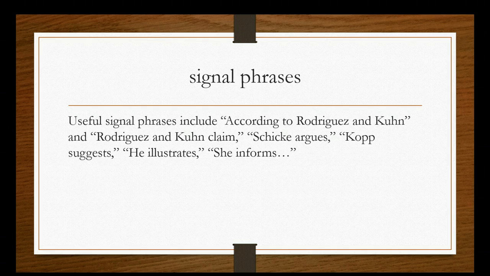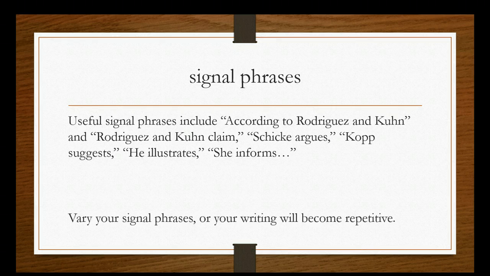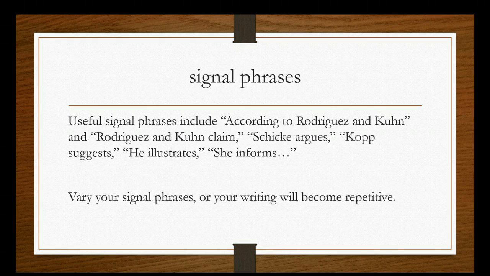So always use these when you're using source information in your writing to back up your ideas or to show other ideas. And vary these up or your writing will become repetitive. You could go to the OWL at Purdue and type in signal phrases and it'll give you a whole list of verbs you can use, different ways you can introduce your sources.